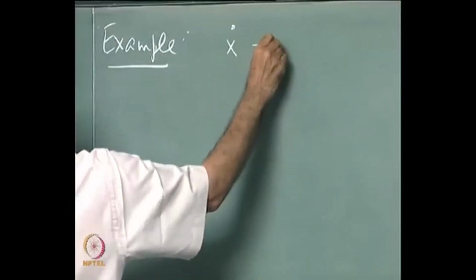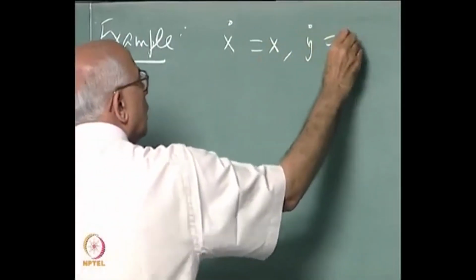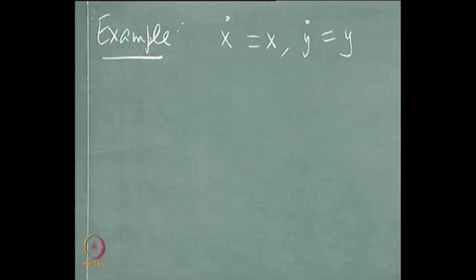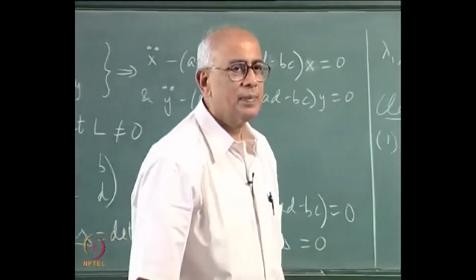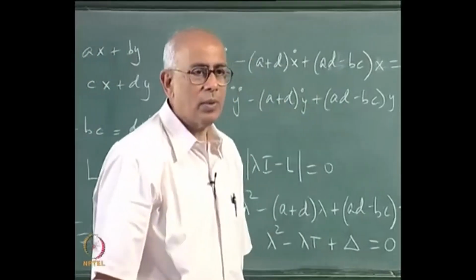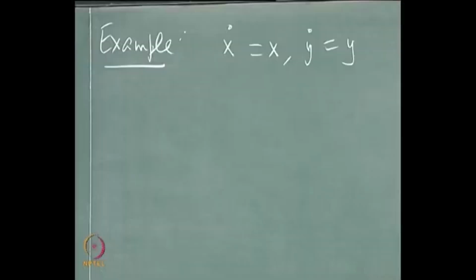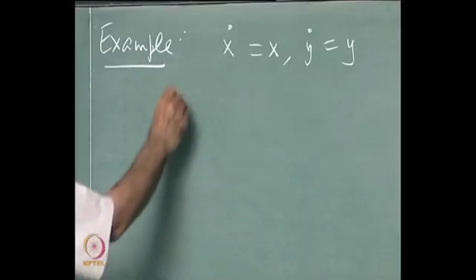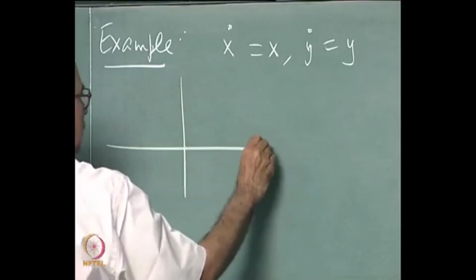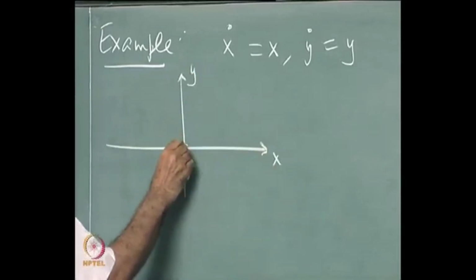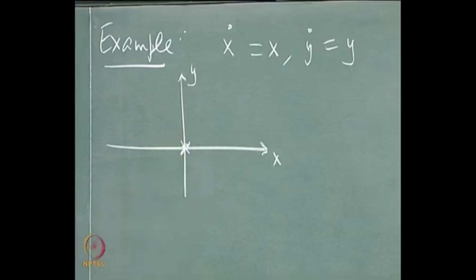x dot equal to x, y dot equal to y. What is the linear matrix L in this case? Just the unit matrix, and the two eigenvalues are +1 and +1, a repeated eigenvalue. What would you say is the solution to this? Let us draw the phase diagram now. Here is x and here is y, here is the critical point, clearly unstable in this case because everything is going to flow outwards.